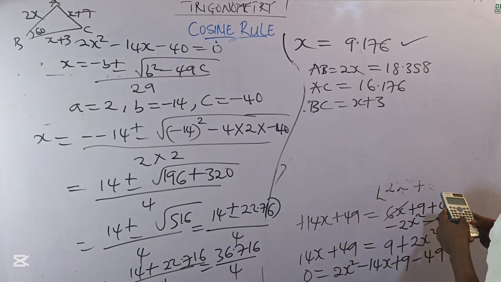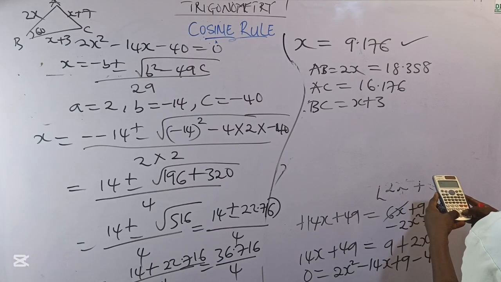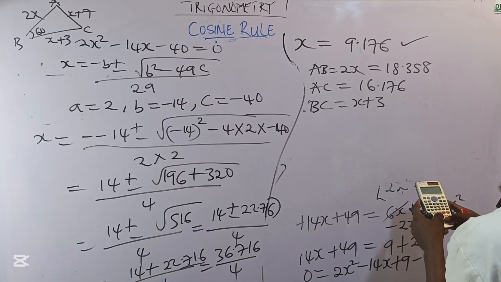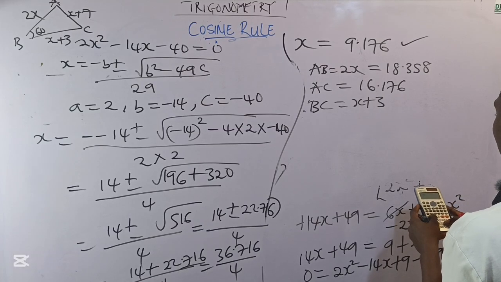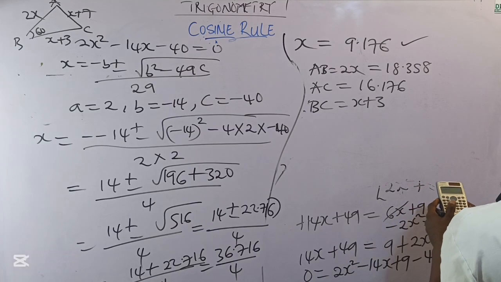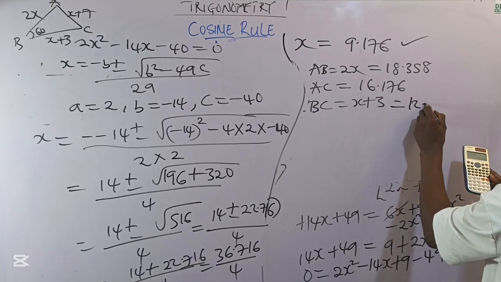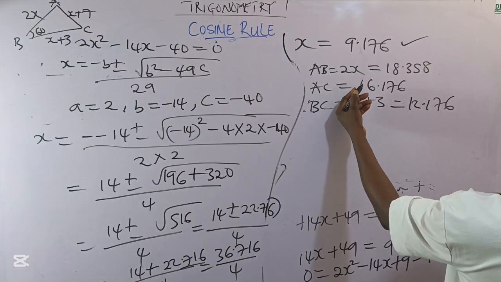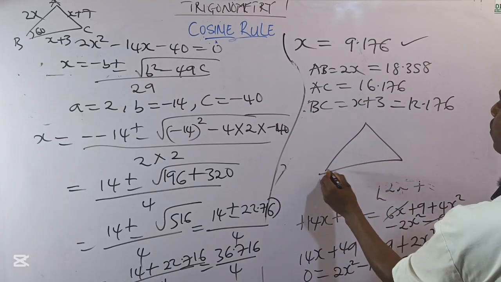And x plus 3 is what? 9.176 plus 3. And that will give me 12.176.